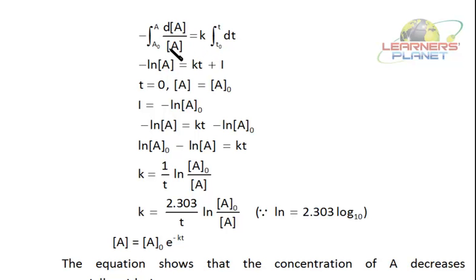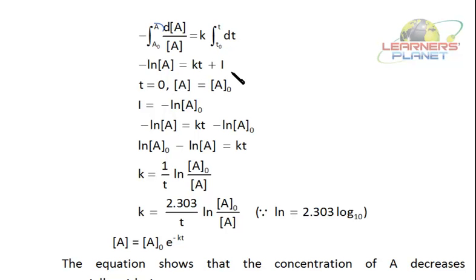Right? And it is integrated between them. Or this is the final concentration, we can say. And k is integrated within the time limits 0 to t. The t is any time. Now the integration of this particular value is ln A equals minus kt plus I. So the integration of dt is equal to t.